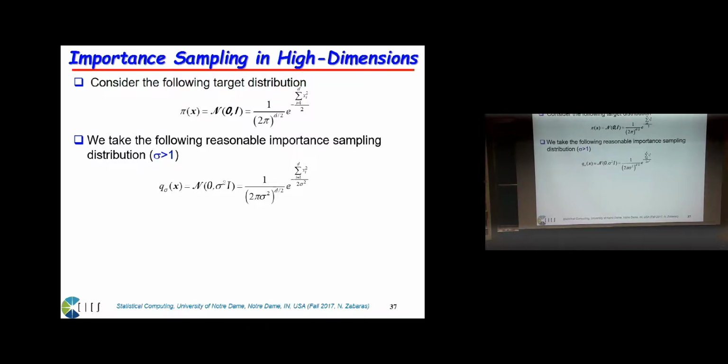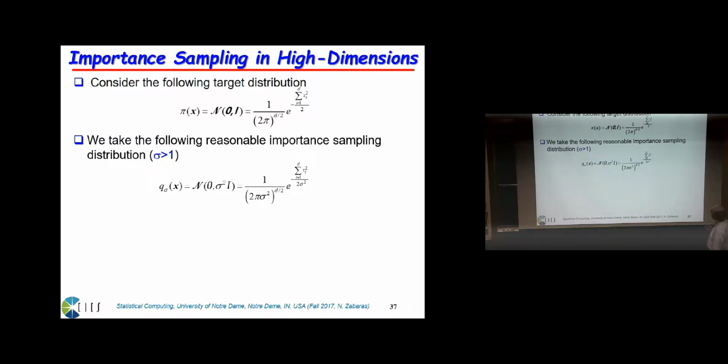So we want to take samples from a Gaussian, and actually you can see this Gaussian is so simple, it is the product of the univariate Gaussians. Right? So very simple. Okay? Variance 1.